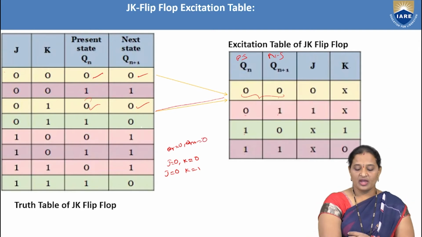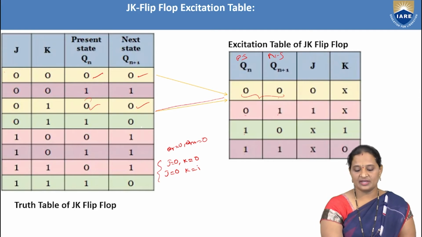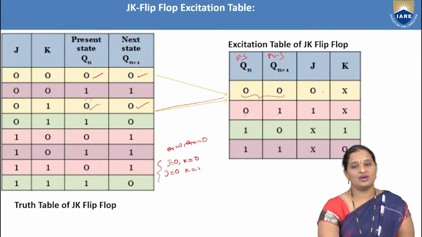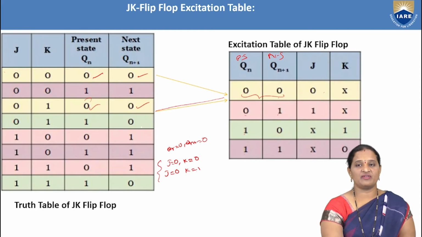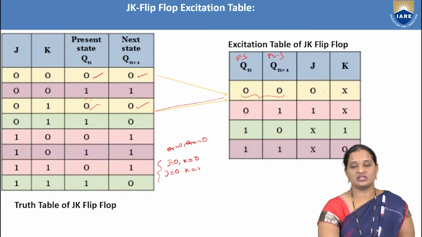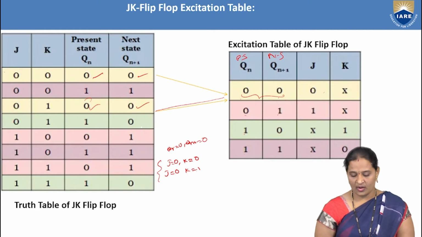Now here, J is common, which is 0, whereas K is varying. Hence I can write J is 0 and K is don't care, because K is 0 once and 1 once. So for getting a transition in the JK flip-flop from present state 0 to next state 0, we must give the excitation to the JK flip-flop such that J is equal to 0 and K is equal to don't care, where don't care means either it may be taken as 0 or 1.